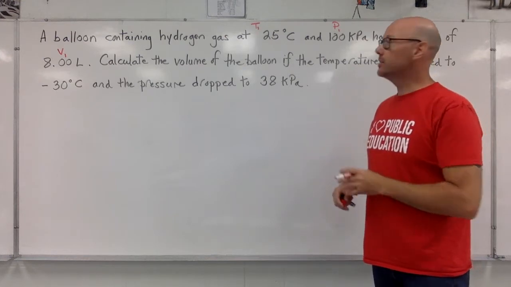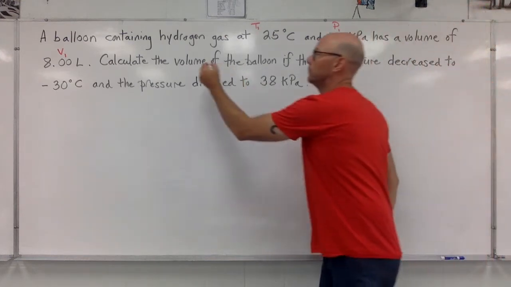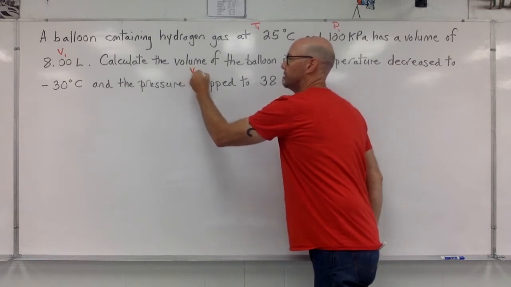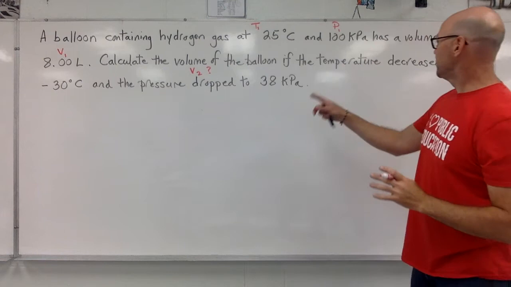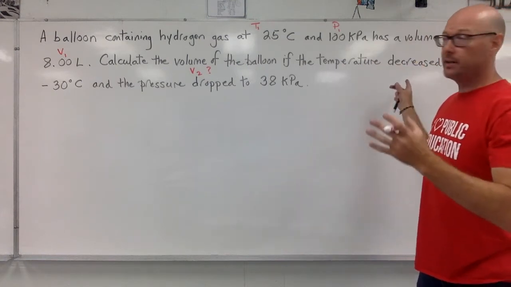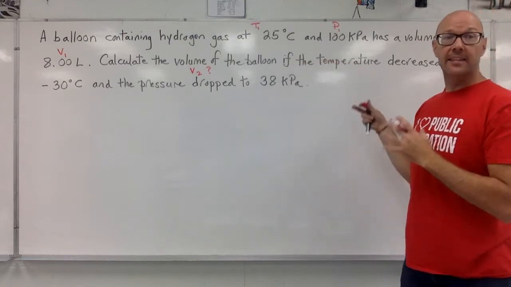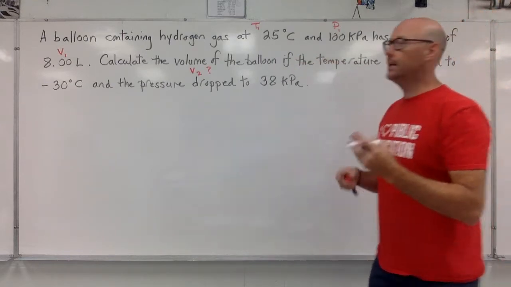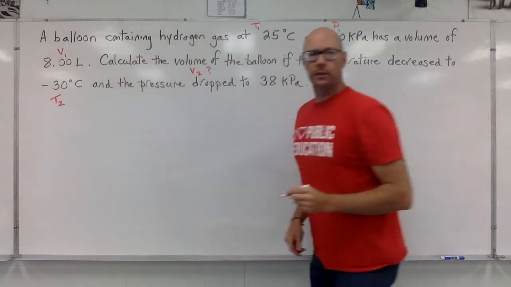Now we have the second sentence. Calculate the volume of the balloon. Oh, the question says, please find V2. If the temperature decreased, okay, that makes sense, decreased to minus 30, it started at 25 and then decreased, okay, that's adding a logical connection between those two temperatures.